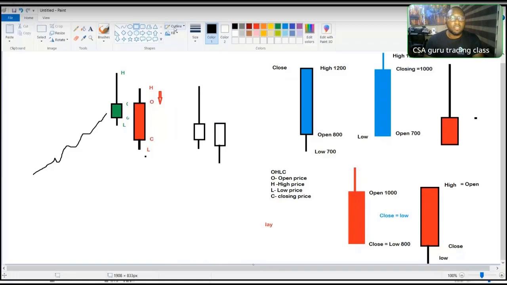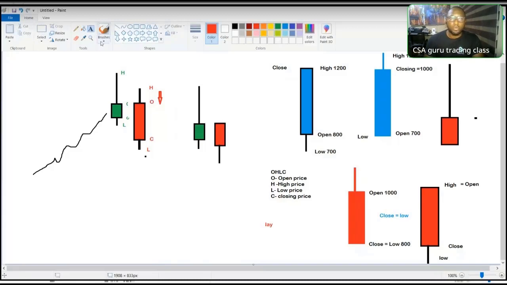Let's say this is a red candle or blue candle, whichever one. It can either be a bullish candle or a bearish candle. Let's keep it as a bearish candle.